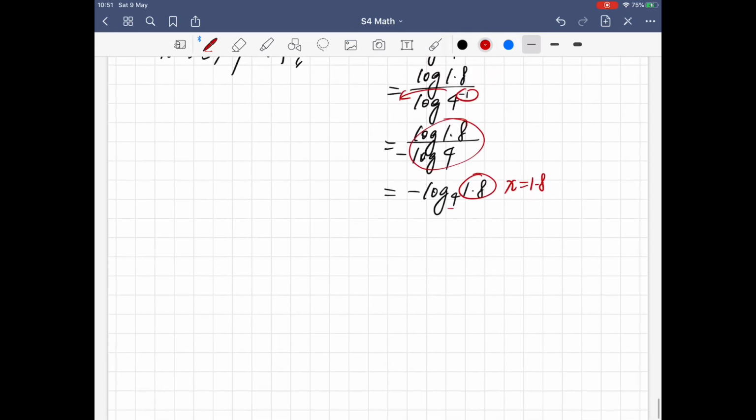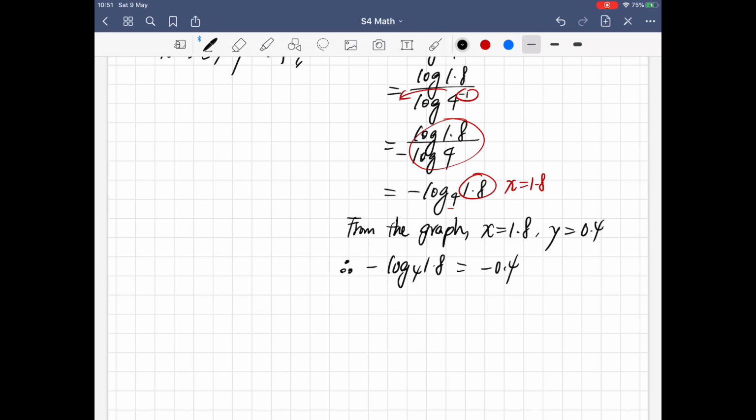Okay, so from the graph, when x equals 1.8, we know that y equals 0.4. Okay, so for negative log 1.8 with base 4, that is negative 0.4.